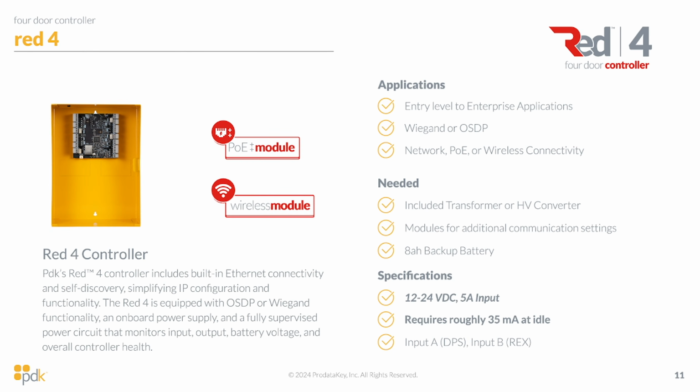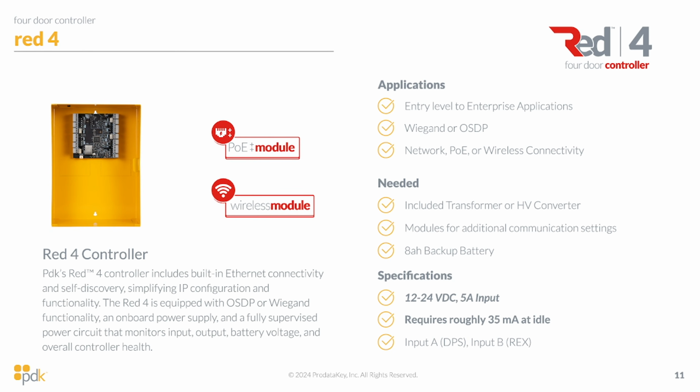I've neglected to mention on the Red 1 and Red 2, and I'll mention it on this one, you can use the PoE module on any one of these to provide the power as an alternative. And something interesting that I actually learned the other day, you can use PoE as a primary source of power, but still plug in the transformer as a backup source of power.